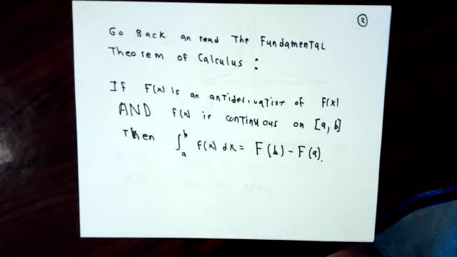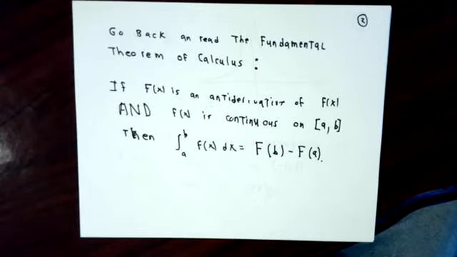So the antiderivative trick is not always absolutely guaranteed to work. There are strings attached to it. And the one that everybody always forgets about is the part about the integrand being a continuous function on the interval that you're talking about.